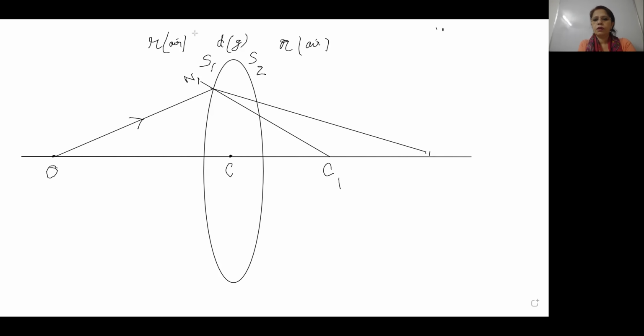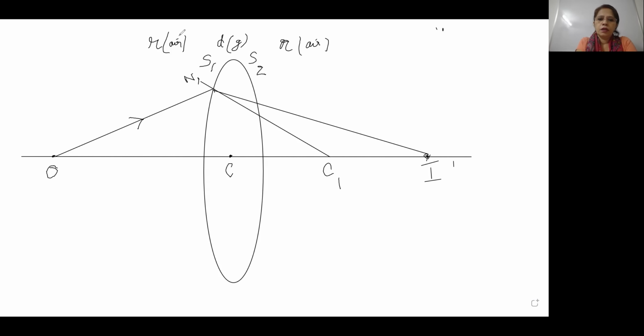So the image is formed here at this point. I dash. Image is formed at this point. I dash.